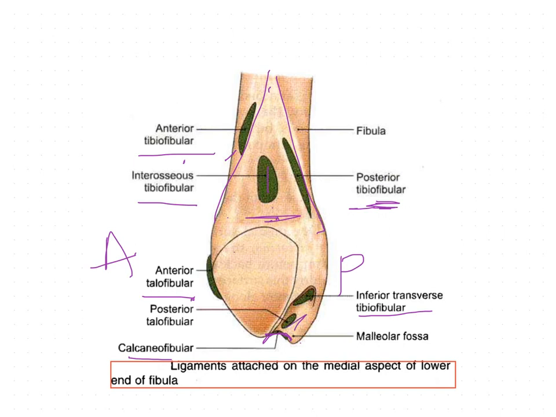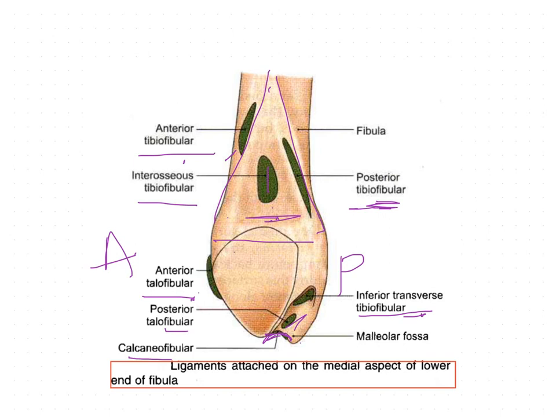So these are the ligaments attached to the lateral malleolus. One is the anterior talofibular, and in the malleolar fossa we can find the posterior talofibular and the inferior transverse tibiofibular ligament, and the notch will have the calcaneofibular ligament.